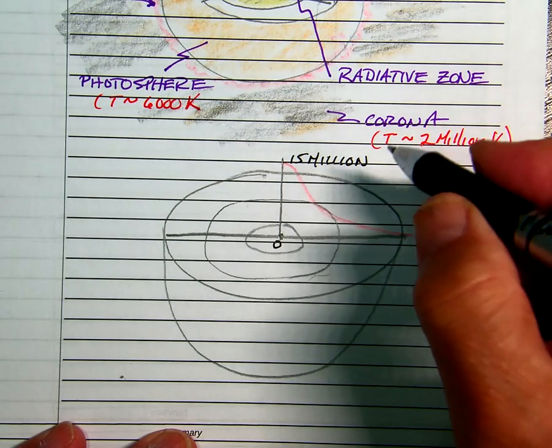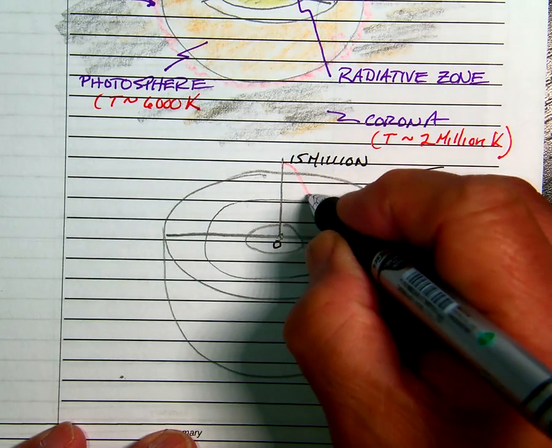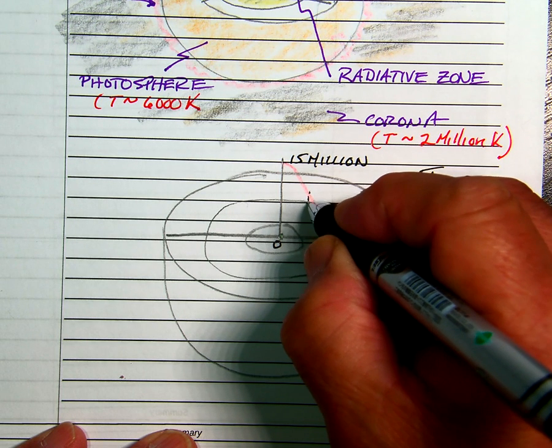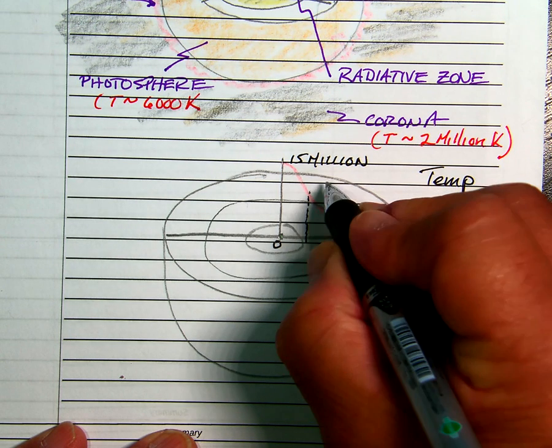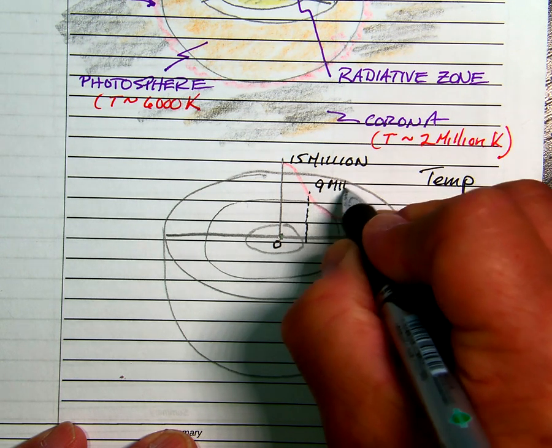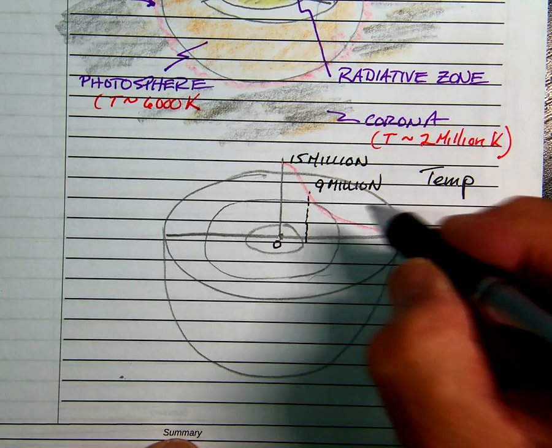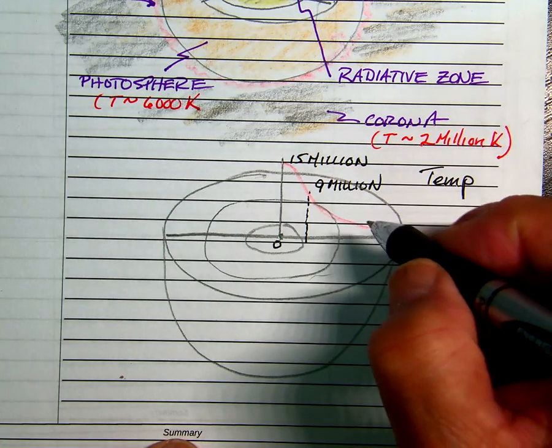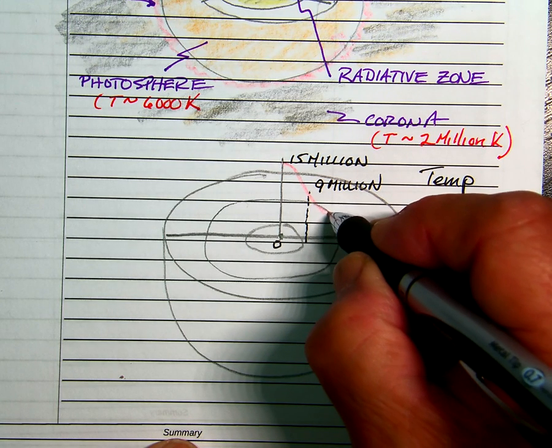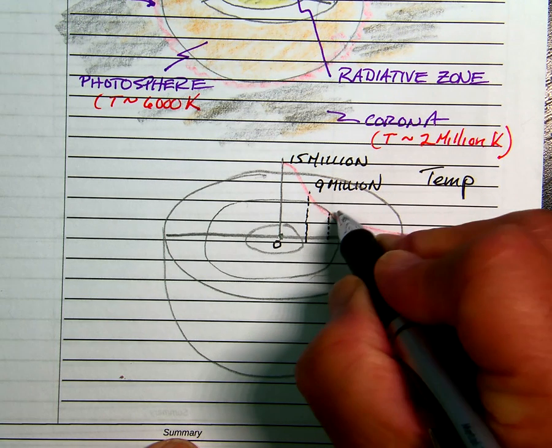And then on the outside of the core, approximately right there, you would have 9 million degrees Kelvin. In the middle of the radiative zone, about 5 million.